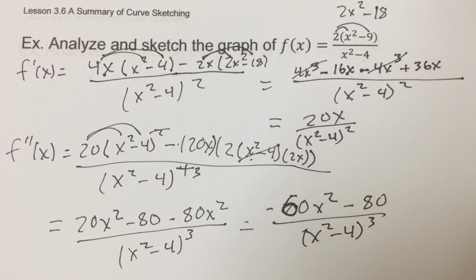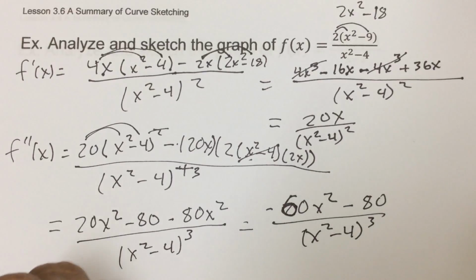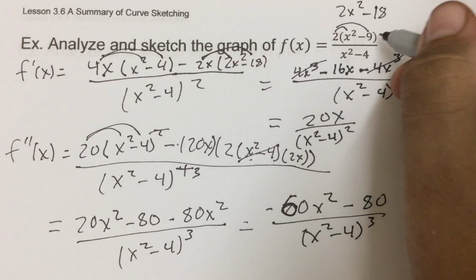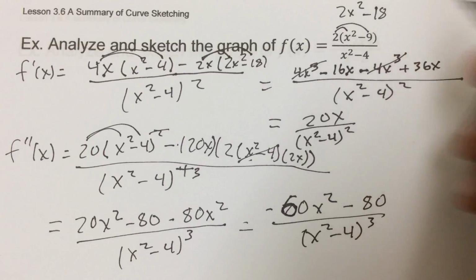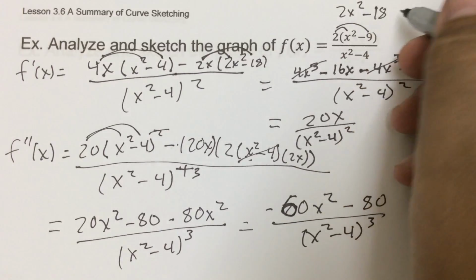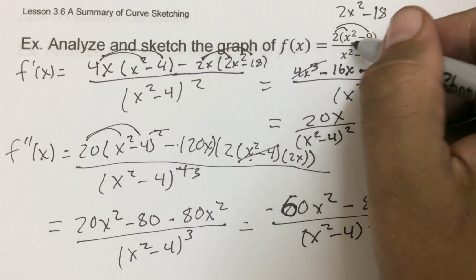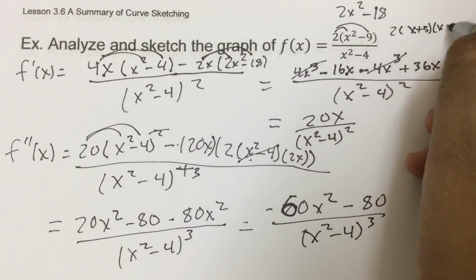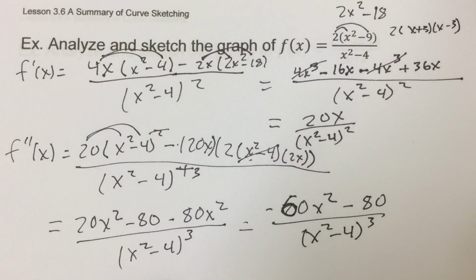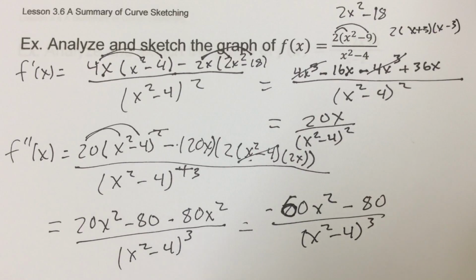So that's been done. So now we're going to do x-intercepts. If I set this top equal to 0, that was all in there, 2 times x plus 3, x minus 3. So my intercepts are going to be -3 and 3.